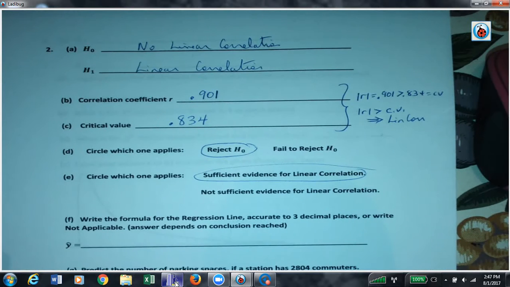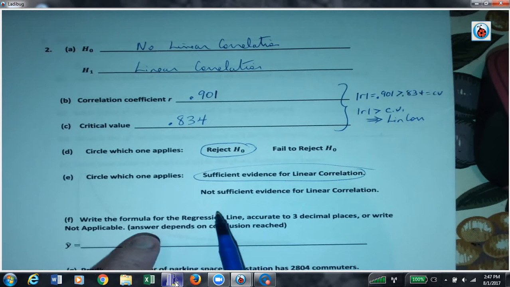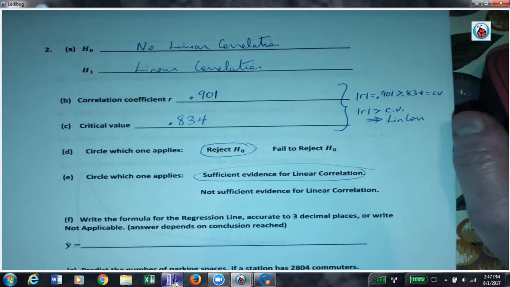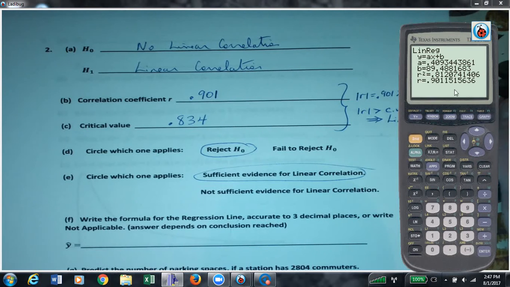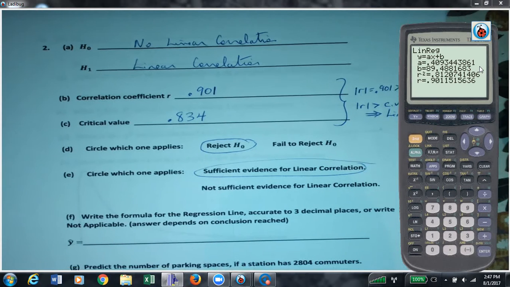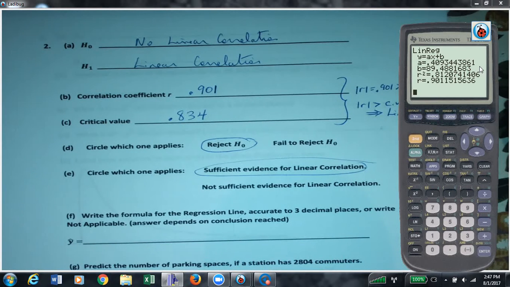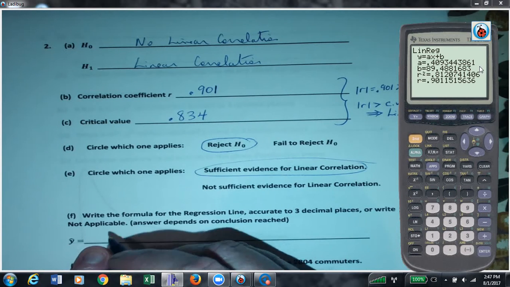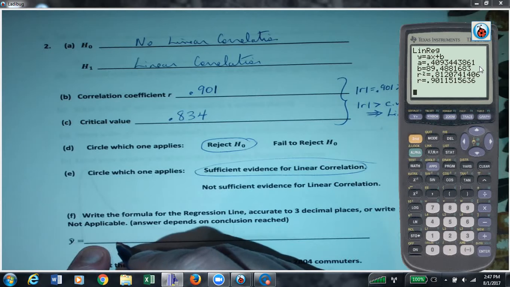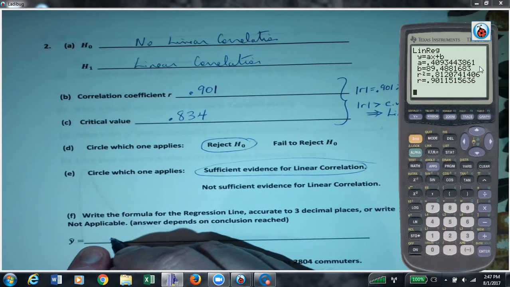So now that we do have a linear correlation, we need the regression line. And so I can get that accurate to 3 decimal places. I get that from linear regression. It's already on my screen. So the equation is y hat equals A, and I'm going to take A to 3 decimal places.